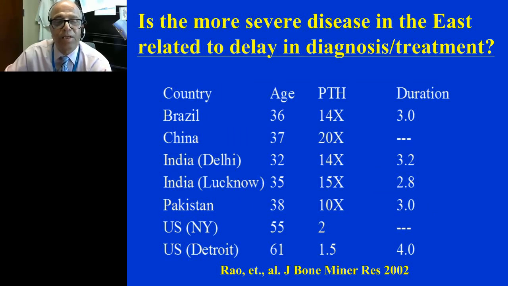In contrast, even in the current situation, the disease presents much younger in the parts of the world where vitamin D deficiency and calcium deficiency is common, whereas it presents in the usual situation here with only 1.5 or 2 times elevation of the parathyroid hormone. In contrast, in other parts of the world, there is a 10 to 15-fold increase in the parathyroid hormone.